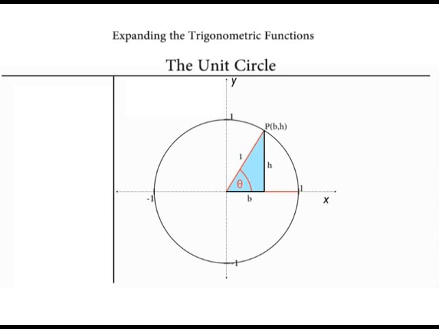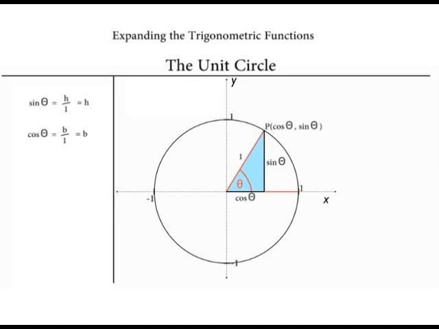Sin theta is equal to opposite over hypotenuse, that is h over 1, which is basically equal to h. Cos theta is equal to adjacent over hypotenuse, which is b over 1, and that's basically b. And so in other words, we could write this side as sin theta and this one as cos theta, which means the coordinates of this point can be rewritten as cos theta, sin theta.